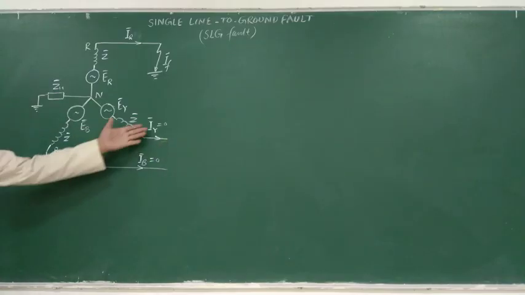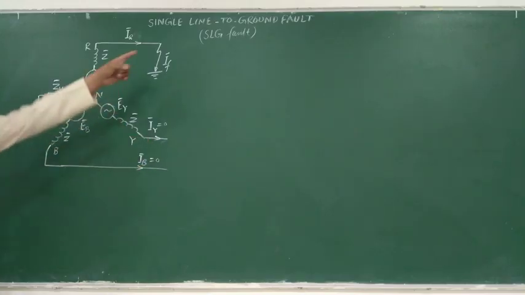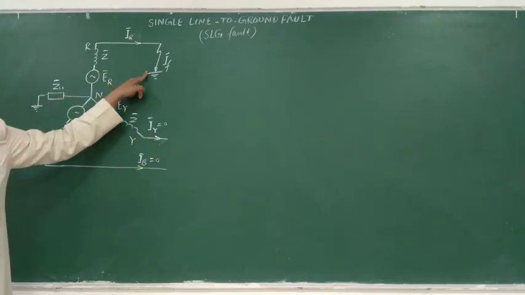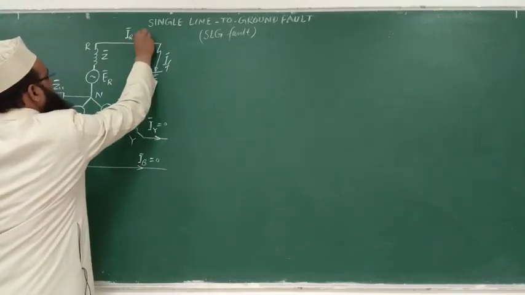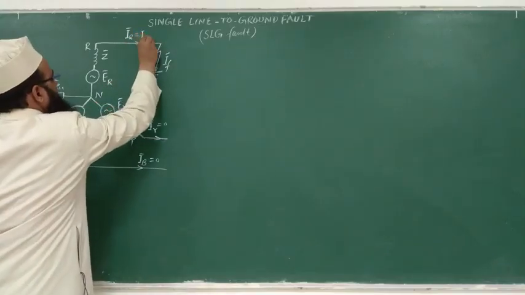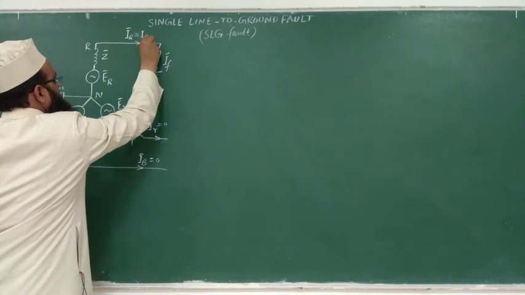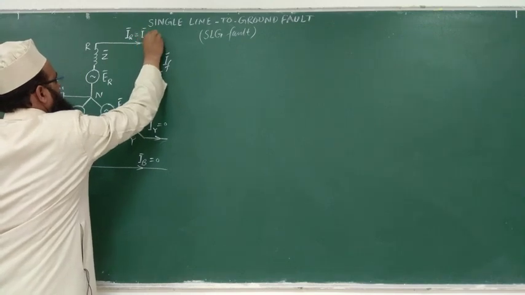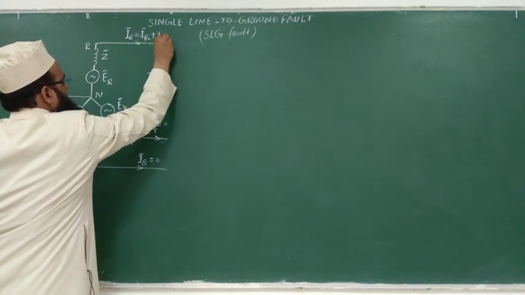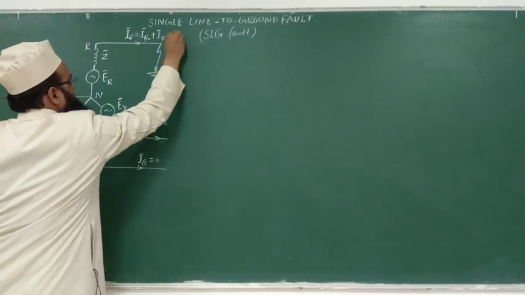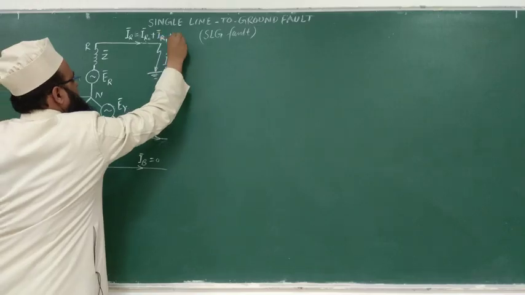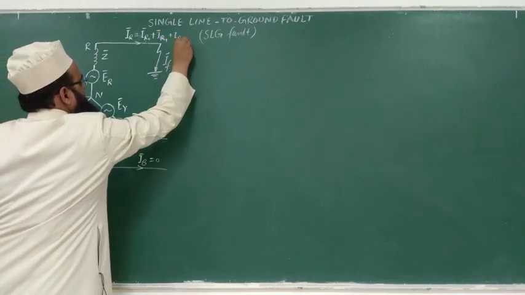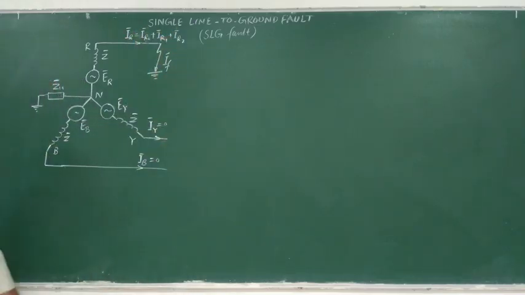So this time also these will be zero. Only single line to ground fault has occurred, right? So you may write the three components of this fault current, that is IR. As you have taken R as reference, write here IR0, IR1, IR2. These are the three components of this phasor IR, is not it?